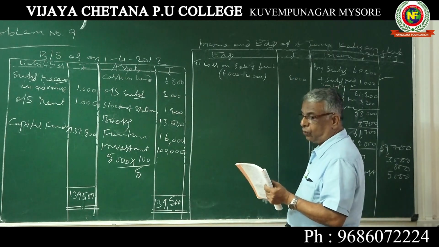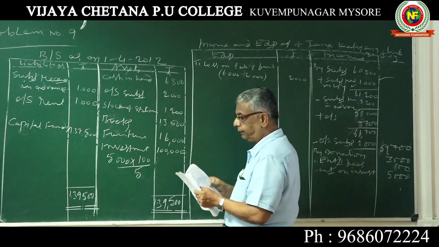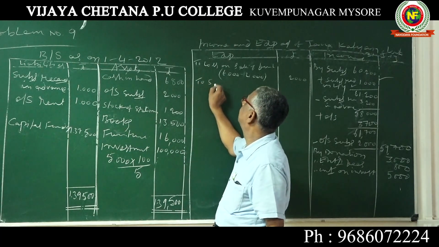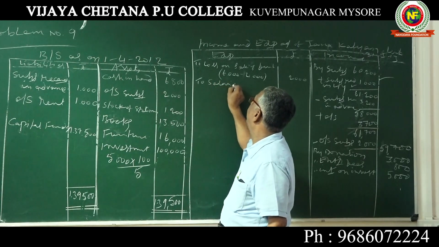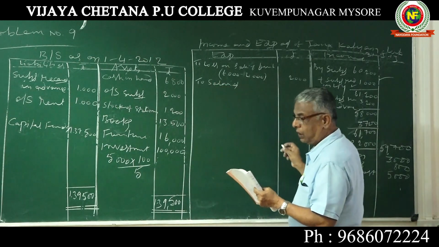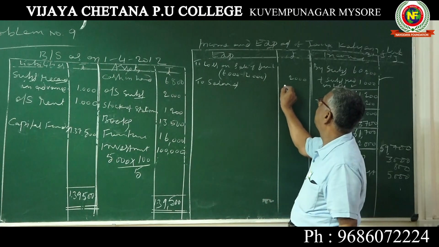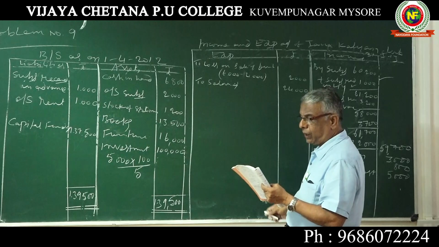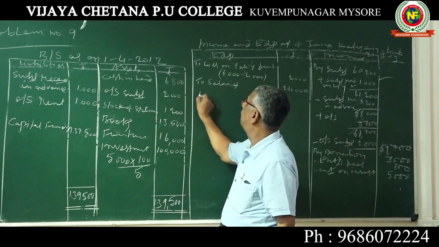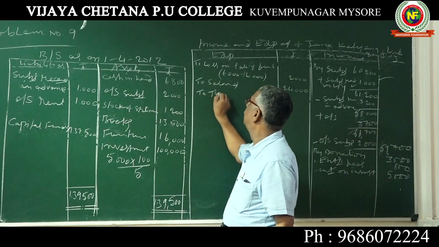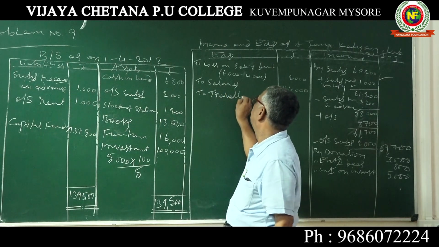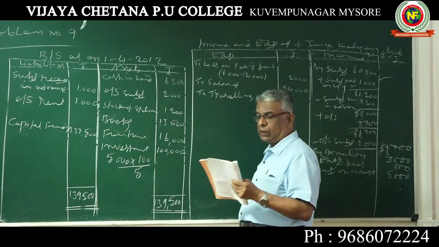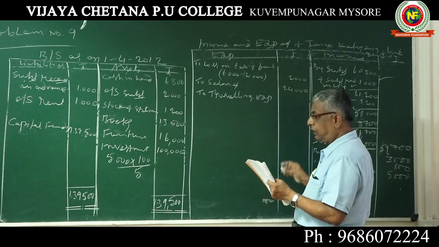And then salaries, he has given 24,000. Traveling expenses, he has given 6,000.